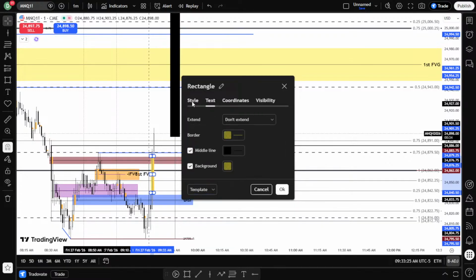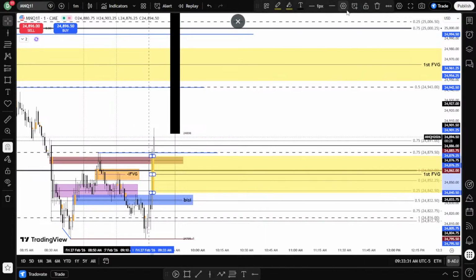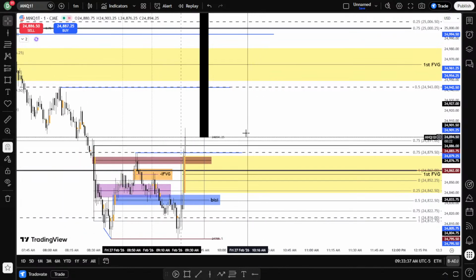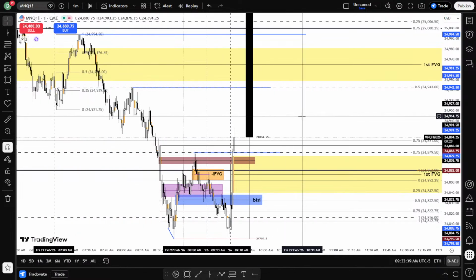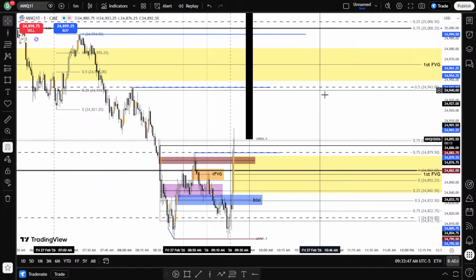That is the first FVG. Let's extend that right. Okay, this is the midpoint of the opening range gap for today, and here we have minor buy side.